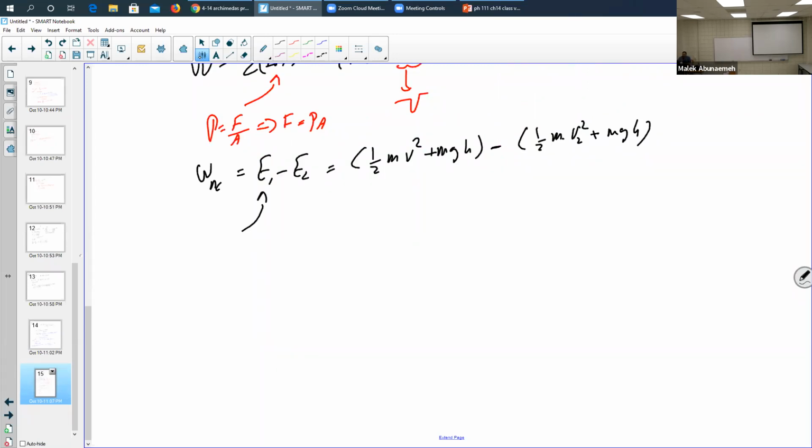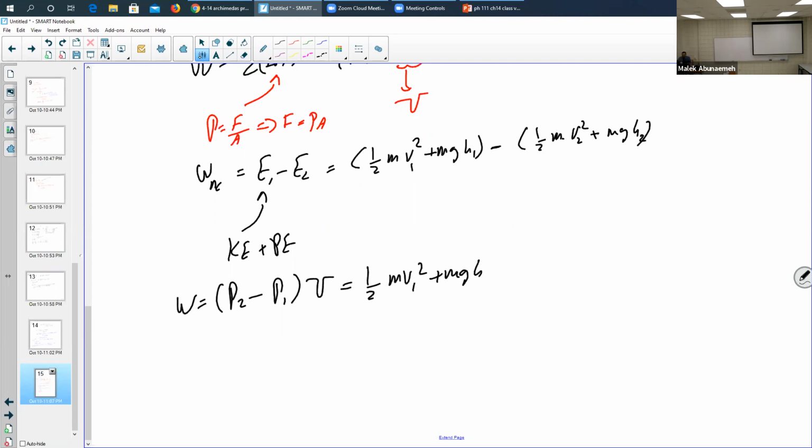This came in because your energy is your kinetic energy plus your potential energy, so the first one minus the second one. That means your work equals your P2 minus your P1 multiplied by your volume, which equals 1/2 M V1 squared plus MGH1 minus 1/2 M V2 squared.